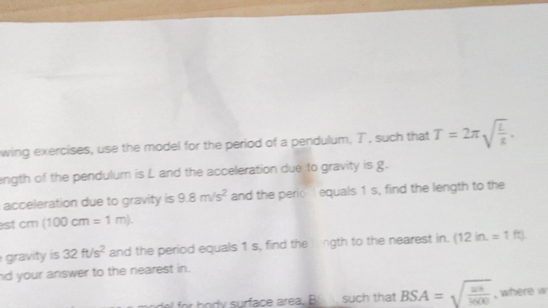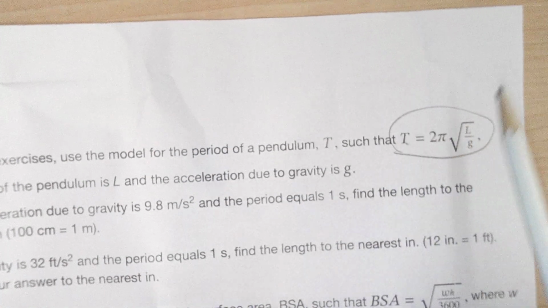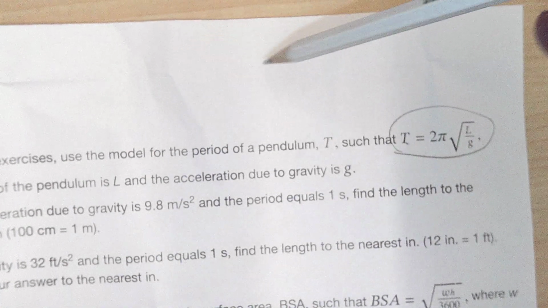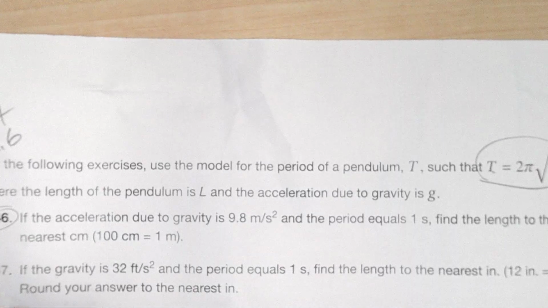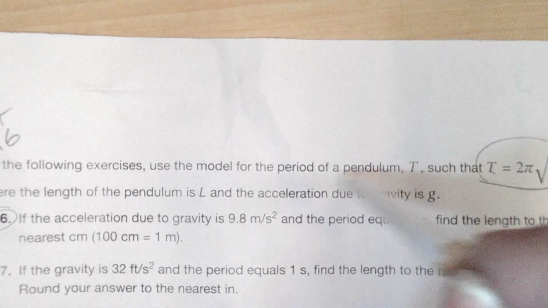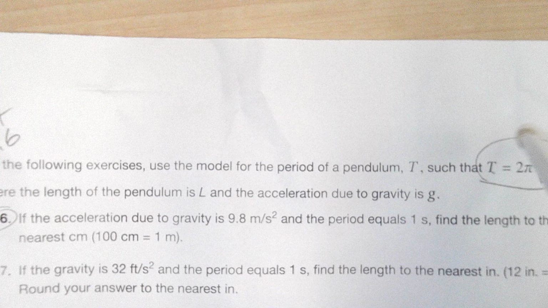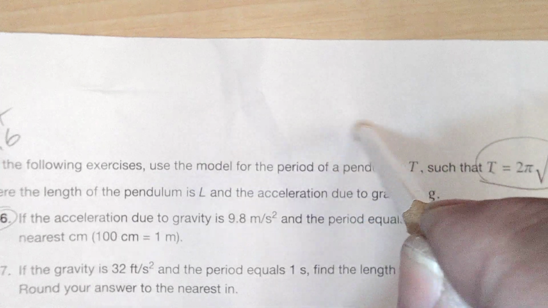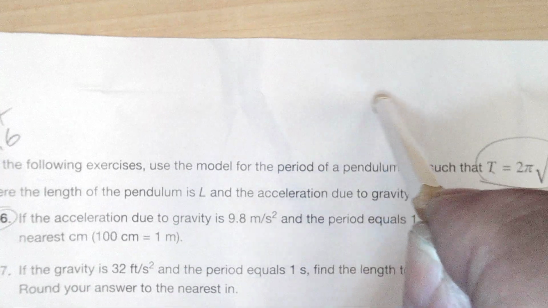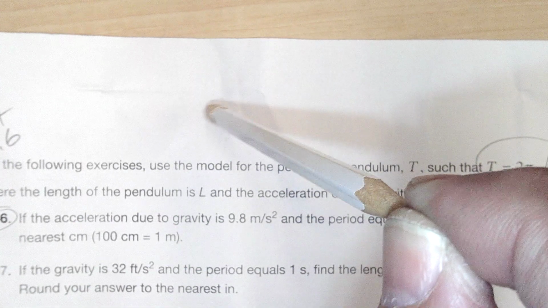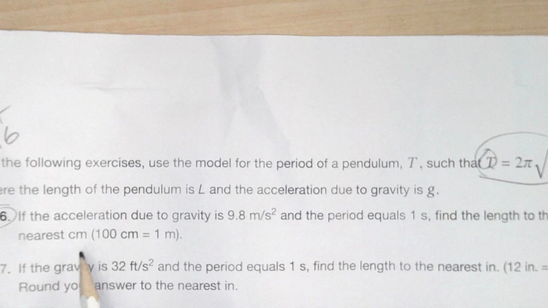For the following exercise, this is the model for the period. If we're talking about a pendulum that's swinging back and forth, the period is how long it takes to go from one side to the other and then back. That's what the period is.